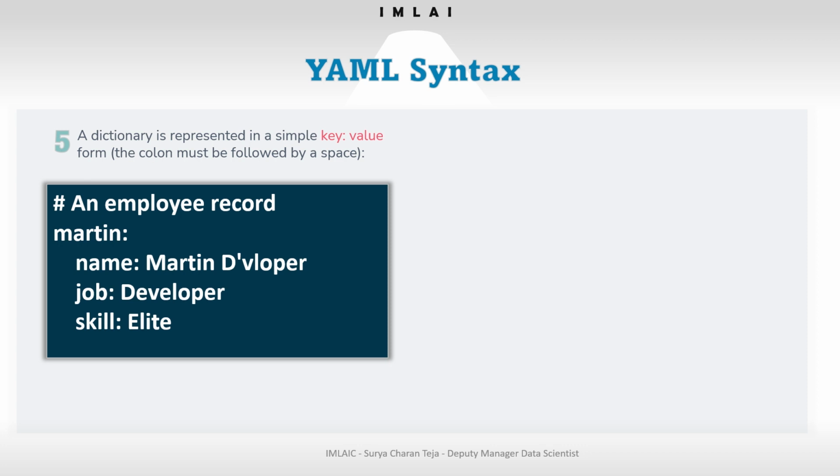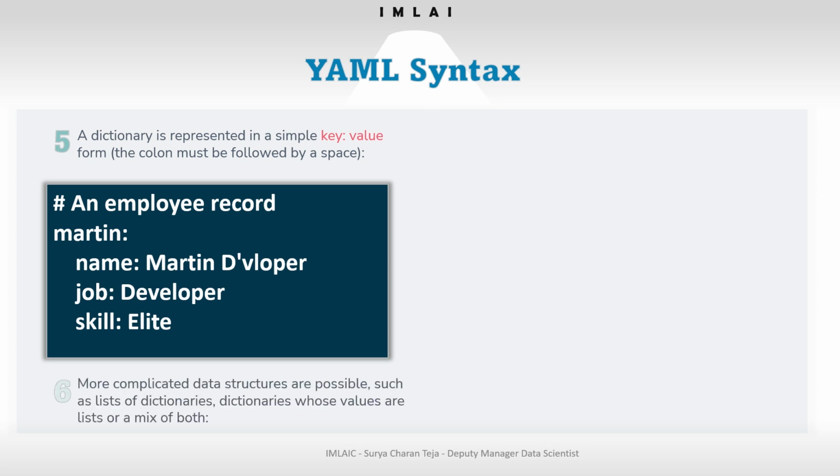If you look at it the Python way, it's an open square bracket, a dictionary, then a comma, another dictionary, and a close square bracket. That's the example we are going to check here, along with dictionaries whose values are lists, or a mix of both. That's the complicated data structure we will take now.